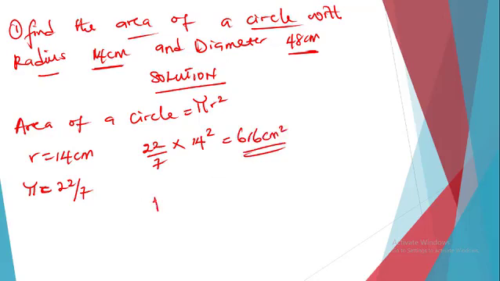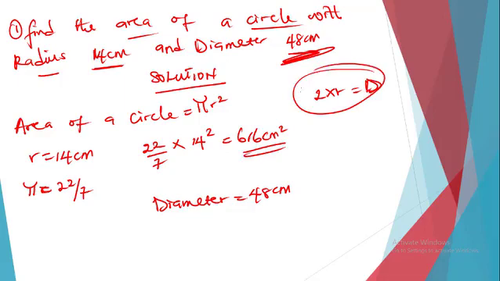Also given diameter to be equal to 48 cm from the question. Here it is. We have our d to be 48, and diameter is the double of radius. Okay, 2 times r is equal to diameter.